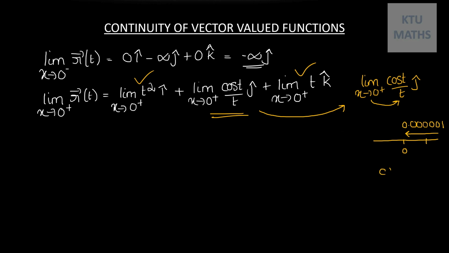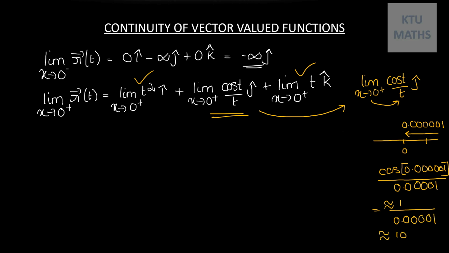Let us put this value now. Then cos 0.00001 by 0.00001 will be approximately equal to 1 by 0.00001. The answer will be approximately equal to 100000 and 1, that is 1 followed by 5 zeros.